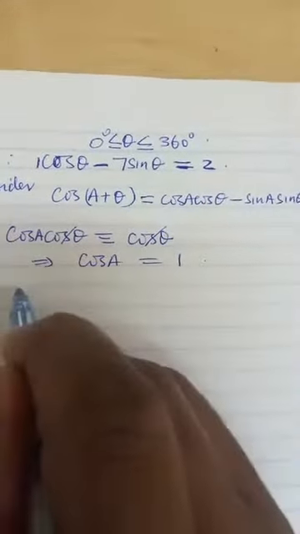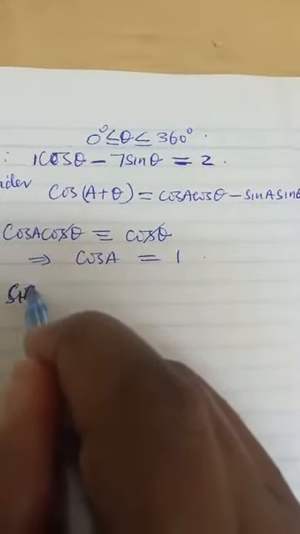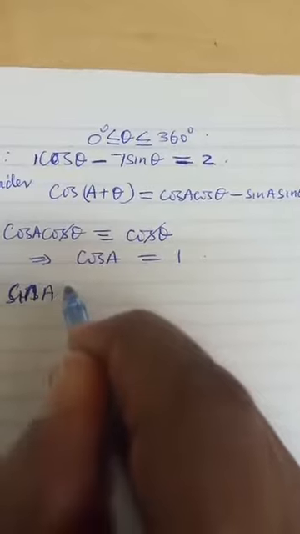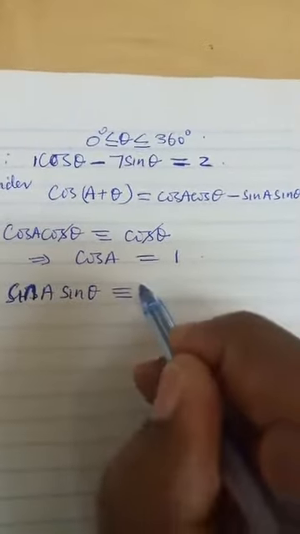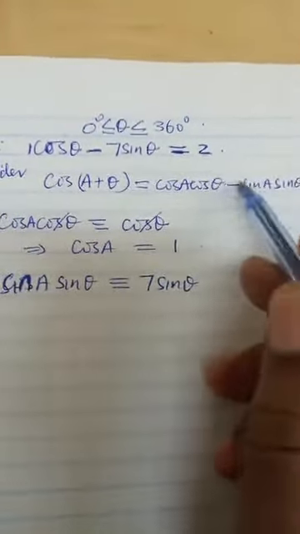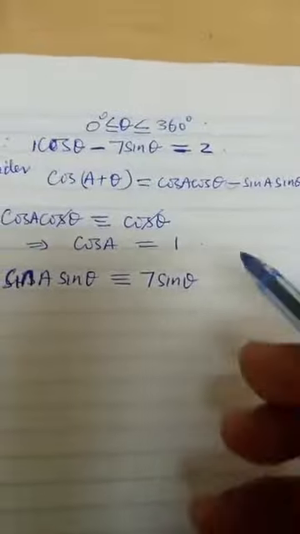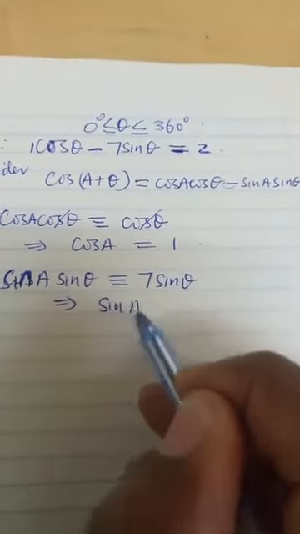And also sine A, sine theta would be equivalent to 7 sine theta. I am eliminating the negative because the negatives would cancel. And this would imply also that our sine of A is actually equal to 7.